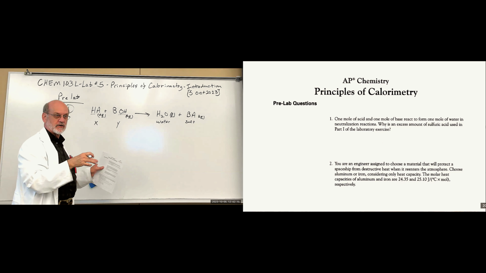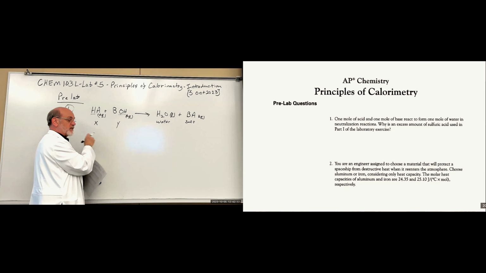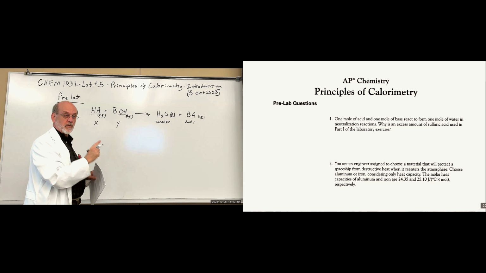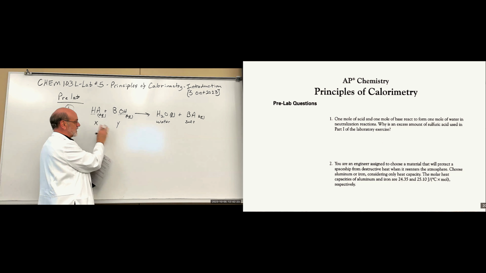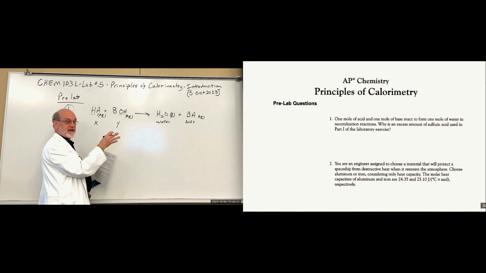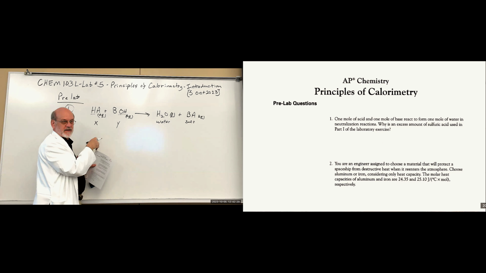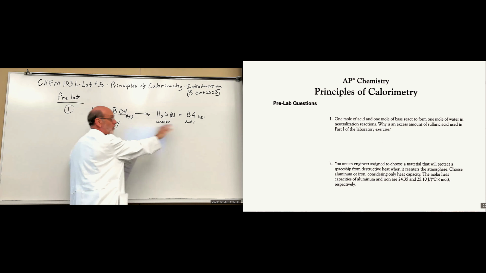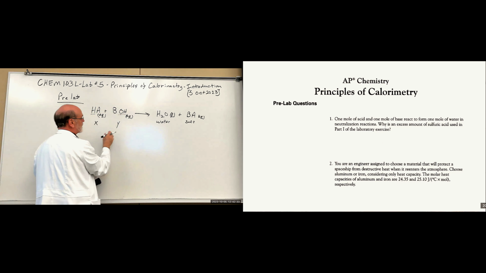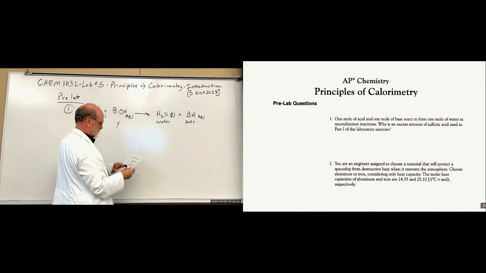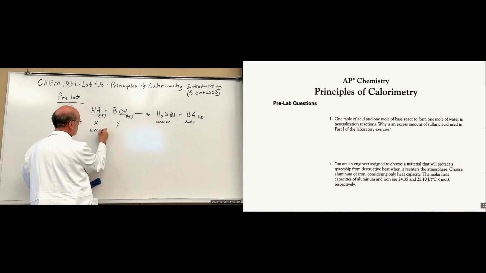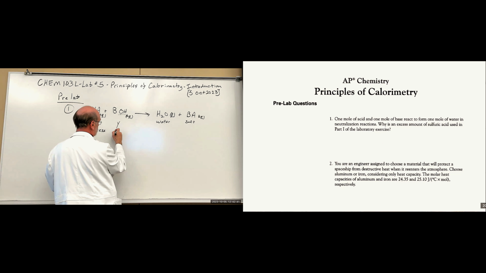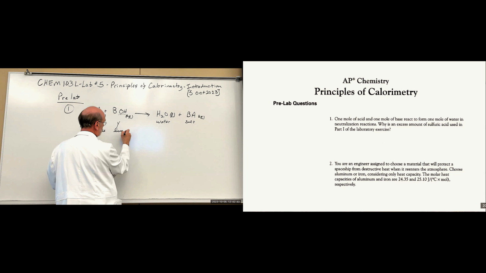That's easy to do. But if we want to be sure the reaction goes to completion, we just make one of them excess. And then the limiting one is consumed completely, and there's some of the excess left behind, but we know the reaction goes all the way to the end. And let's be consistent here. We're using excess acid in our reaction, and this would be the limiting one.